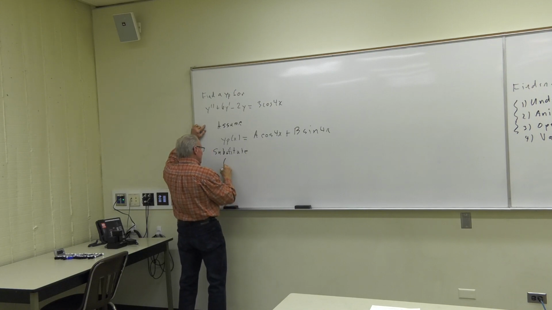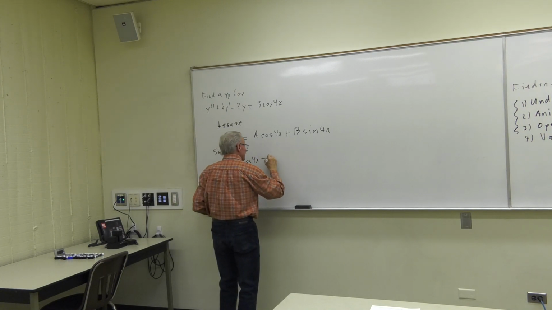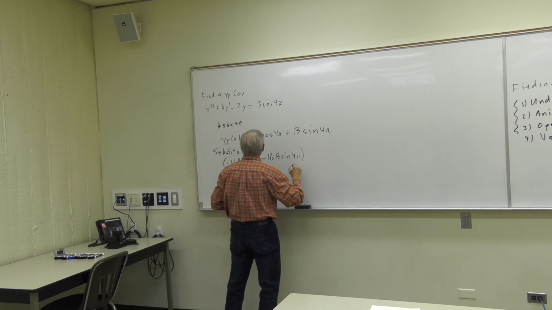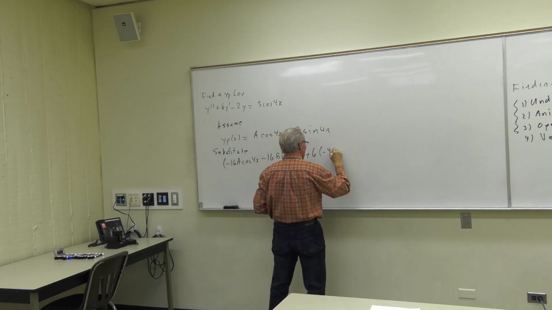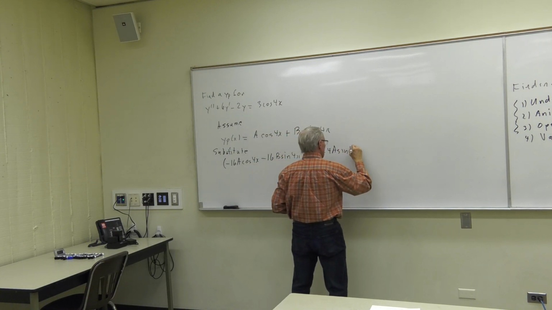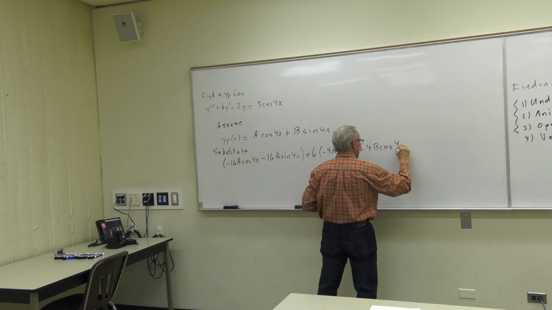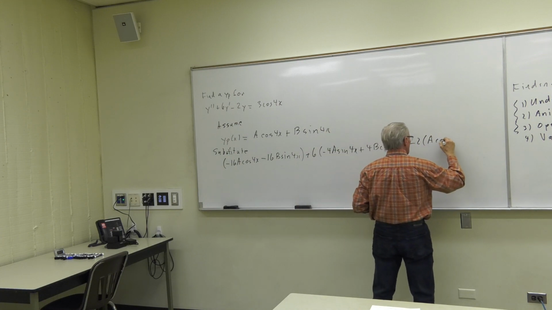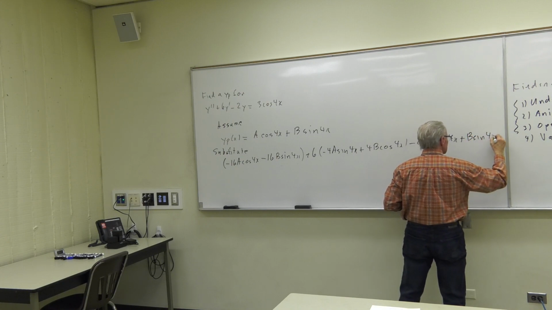What do we need? The second derivative, minus 16a cosine 4x, minus 16b, the sine of 4x for 2 derivatives, plus 6 times minus 4a sine 4x plus 4b cosine 4x, minus 2a cos 4x and b sine 4x.